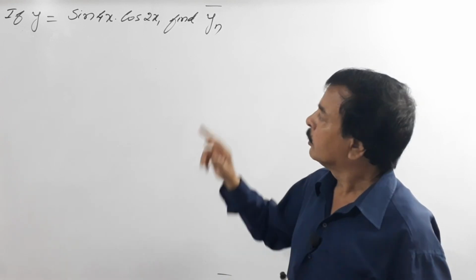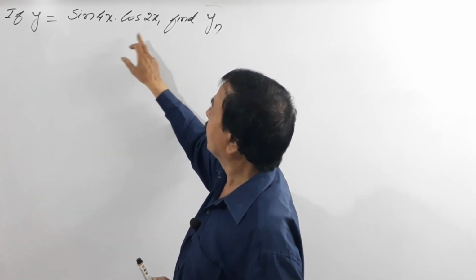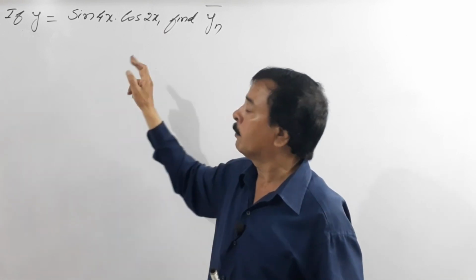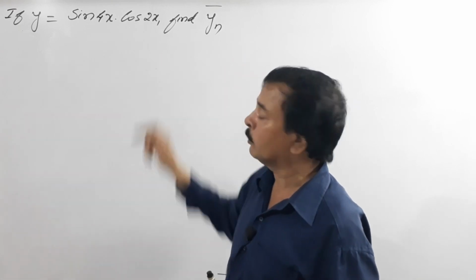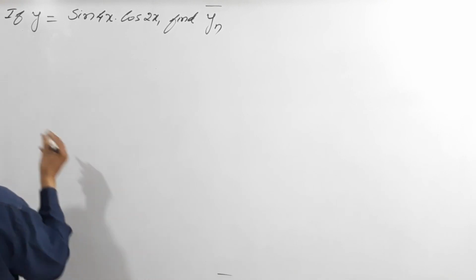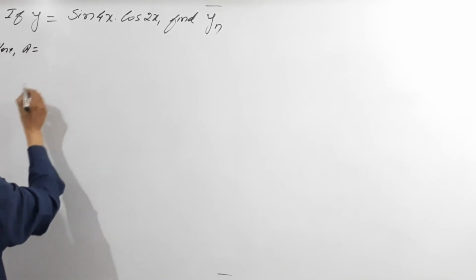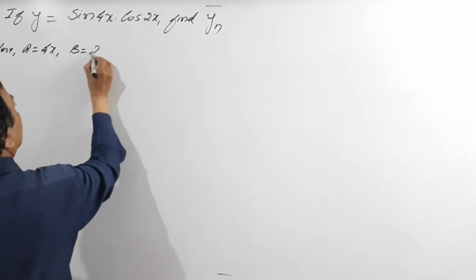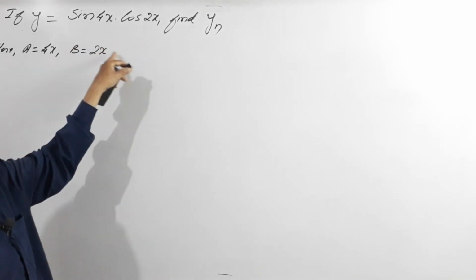Whenever you get sin into cos, that is sin a into cos b, what do you do? I will teach you how to go about it. So this can be written here. Here a equals 4x, b equals 2x. Write this down: 4x is a, we call b as 2x.